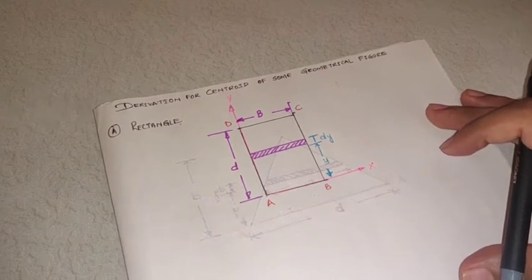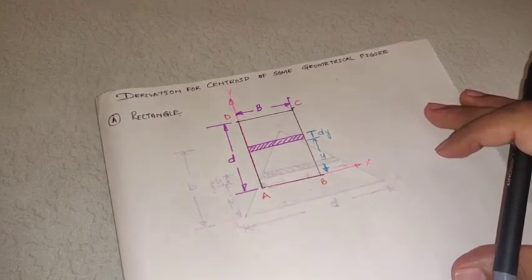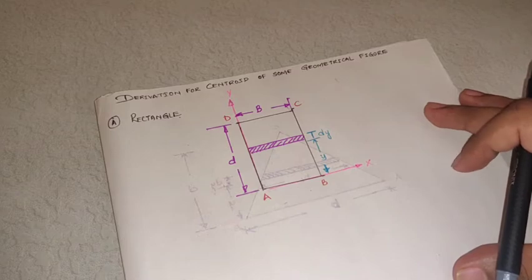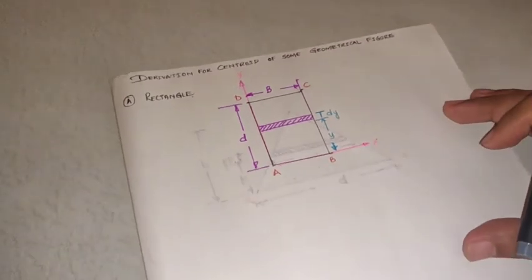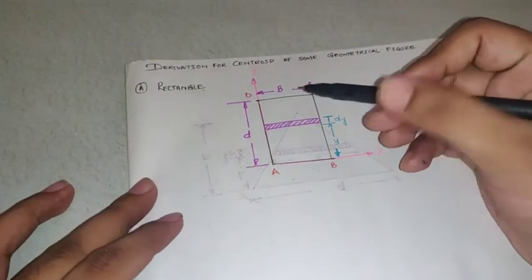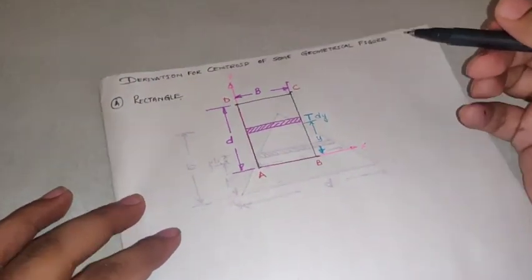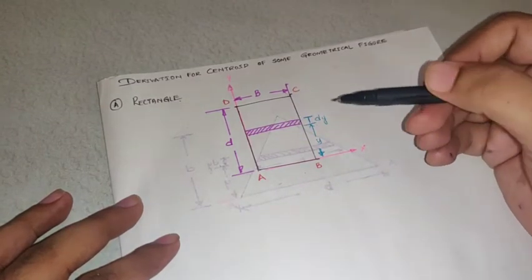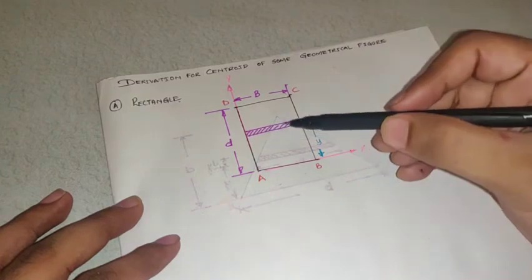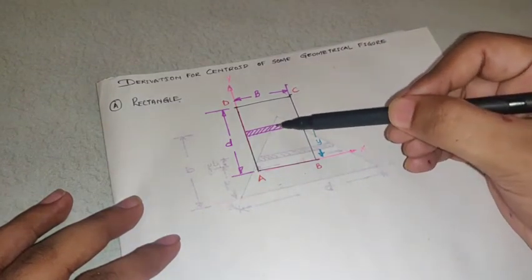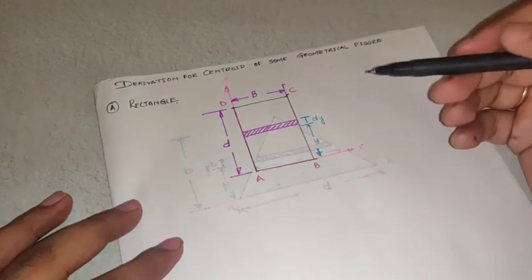The first one I'll take up is the rectangular shape, whose x bar and y bar we'll be deriving now. What you see in front of you is a rectangle whose width is b and depth is d. In order to determine its centroid, I'll take an elemental strip which is parallel to the x-axis.